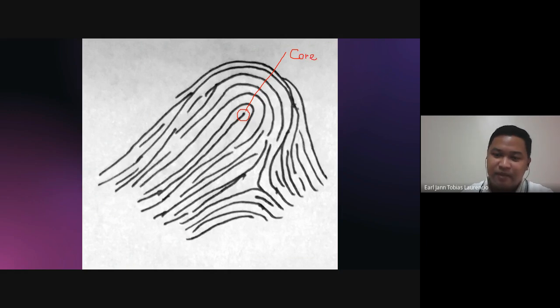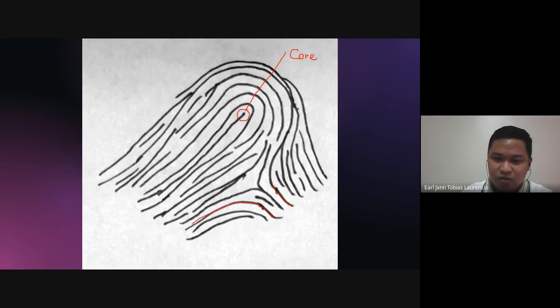Now, the next thing to do is to locate the type lines, because at the point of divergence of the type lines, that is where you can see the delta. So again, applying the rules of a type line, the type lines are the innermost ridges that run parallel with each other and then they diverge.